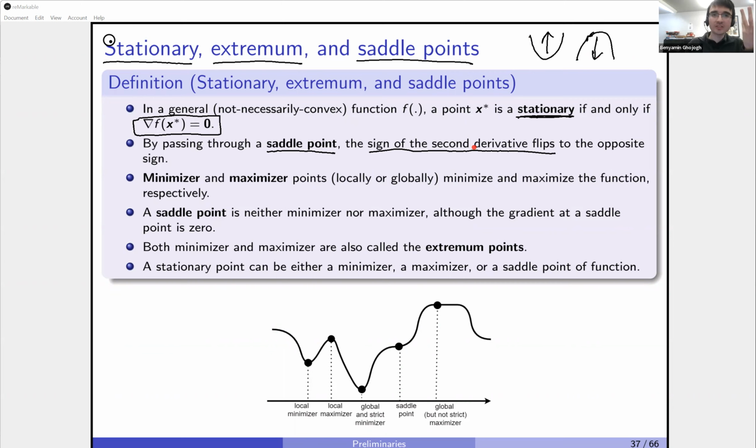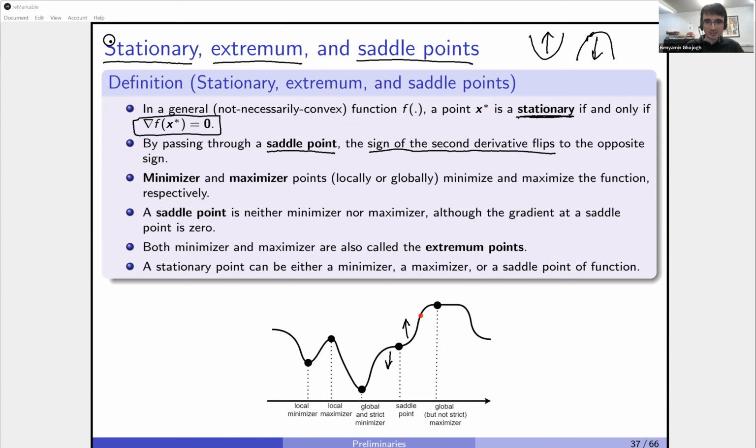So this actually means that the facing of the function flips. For example, here, this point is a saddle point. Here, the function is facing down. Here, the function is facing up. At this point, the facing side of the function changes. This is a saddle point.